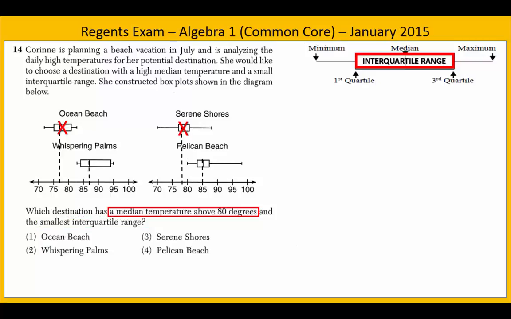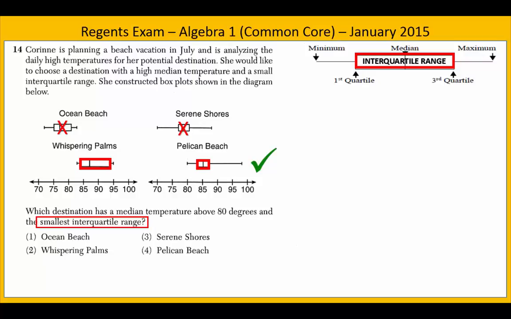Now we want to choose the one that has the smallest interquartile range. We look at the width of the box. Which one is the narrowest? Pelican Beach. Pelican Beach has a median temperature that's both above 80 degrees and has the smallest interquartile range. And so choice 4, Pelican Beach, is our answer.